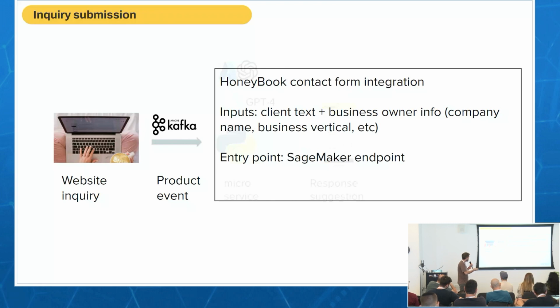The model serving, the input that gets the Kafka event, is a SageMaker endpoint. Now, why did we choose to work with SageMaker? Basically, we had a comparison between different vendors, and we already worked with AWS, regardless of the location of this conference.